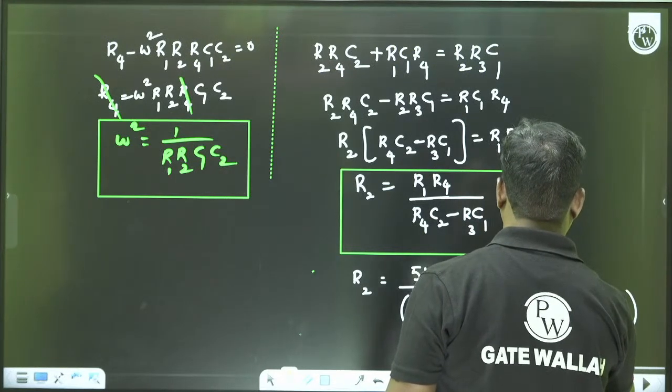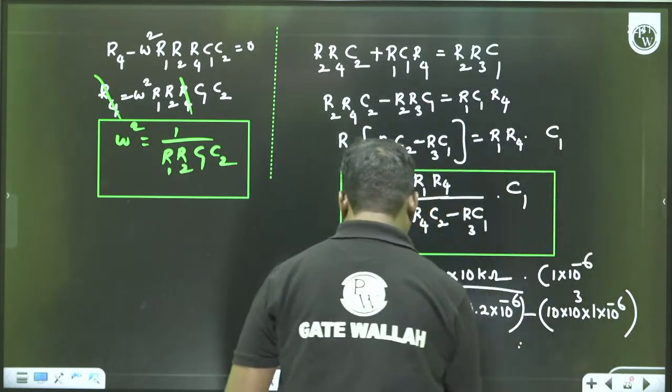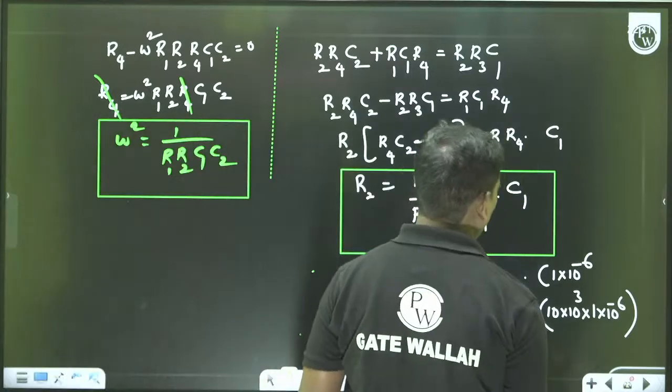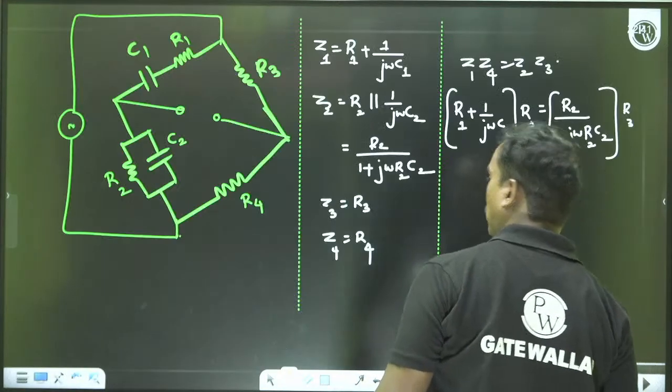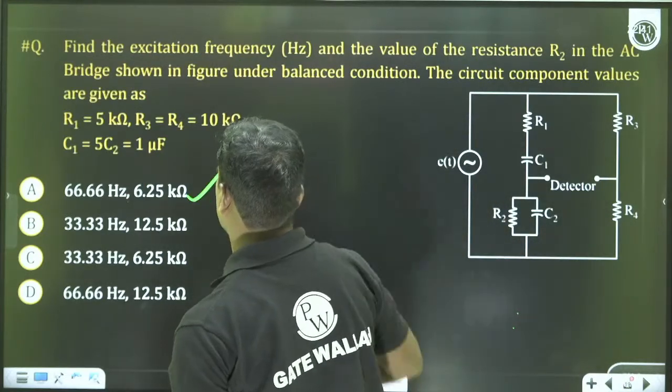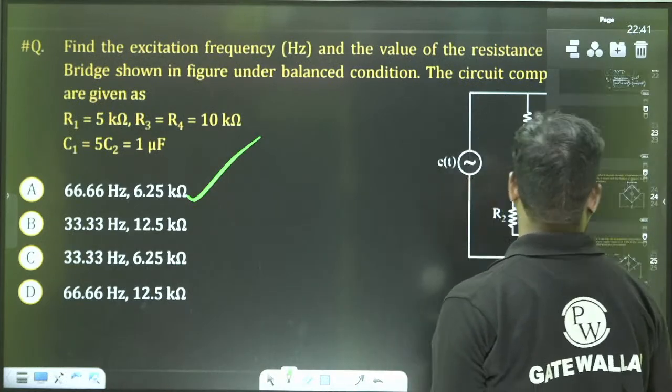So find out and verify, and you are going to get the answers. Please check, your answers are going to match with option A. Please substitute. Chalo, let us go for the next question.